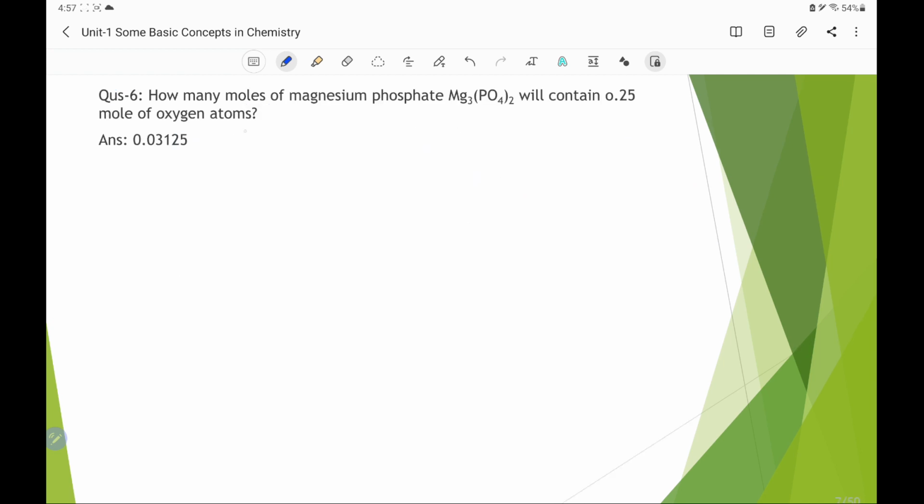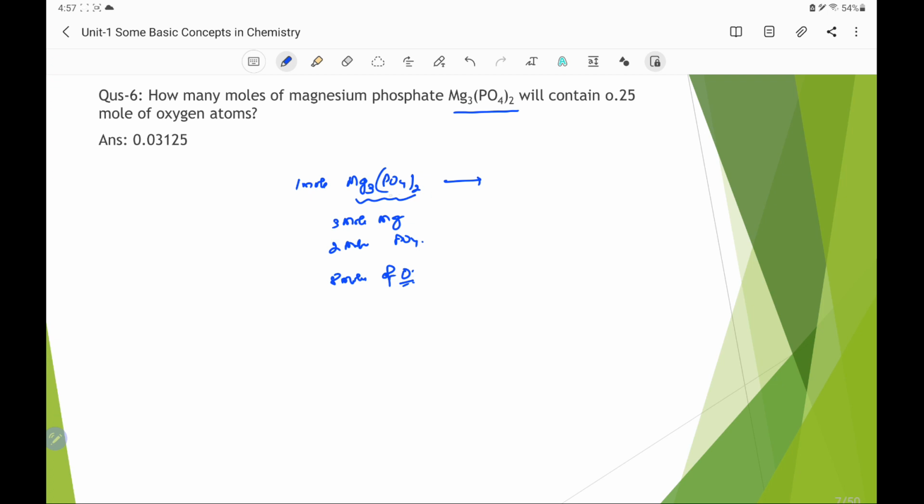Next question is, how many moles of magnesium phosphate, Mg3(PO4)2, will contain 0.25 mole of oxygen atoms? If we take 1 mole of Mg3(PO4)2, it contains 3 moles of magnesium, 2 moles of PO4, or we can say 8 moles of oxygen.